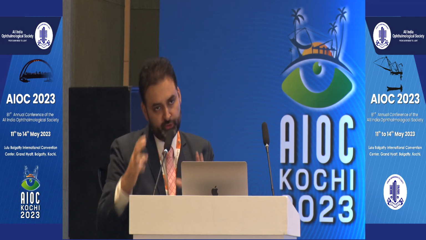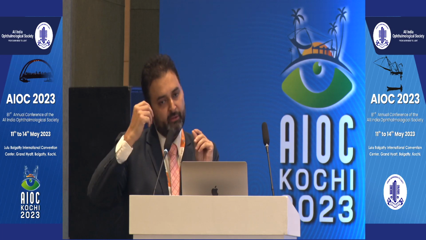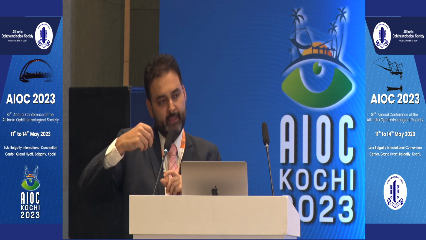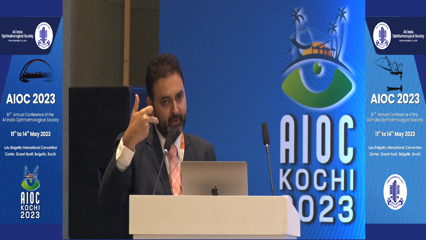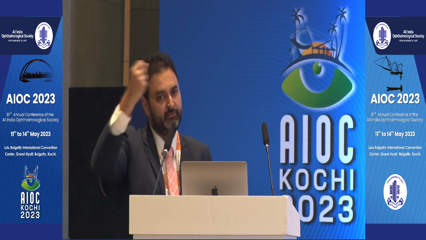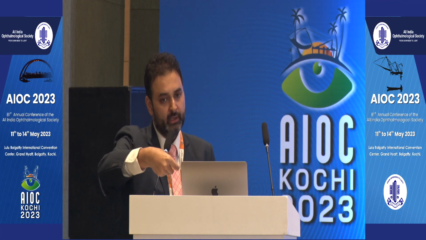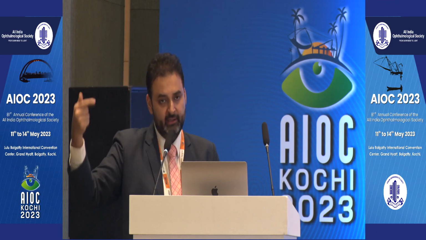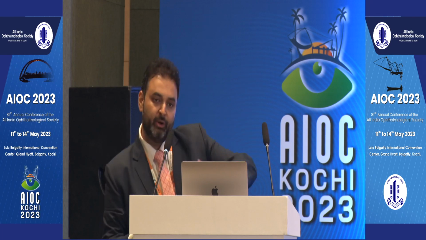But if it's a closed system and it's a cannula related issue, as in the second case, the right way to go is that, since the cannula is already in the suprachoroidal space where the fluid is, you do not need to take out the cannula. Just the infusion line needs to be removed, because the cannula is exactly where you want it to be to drain that fluid out.